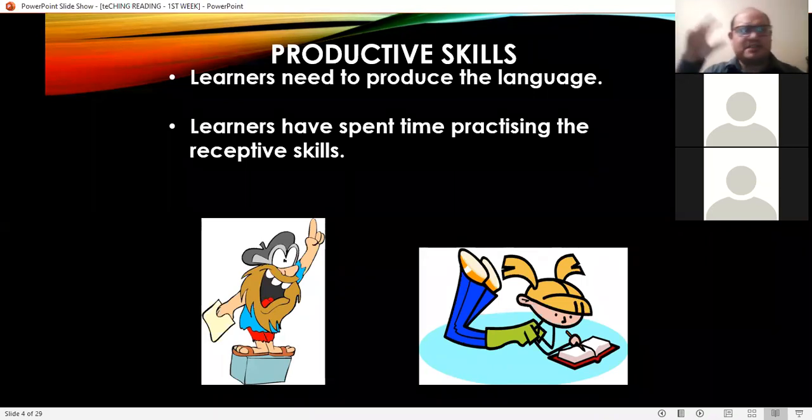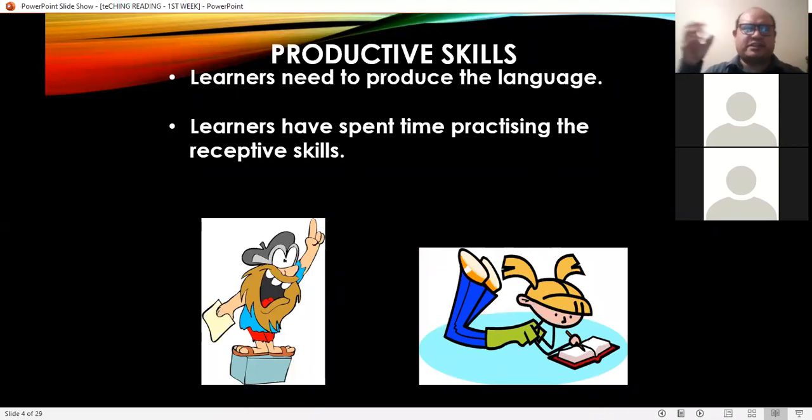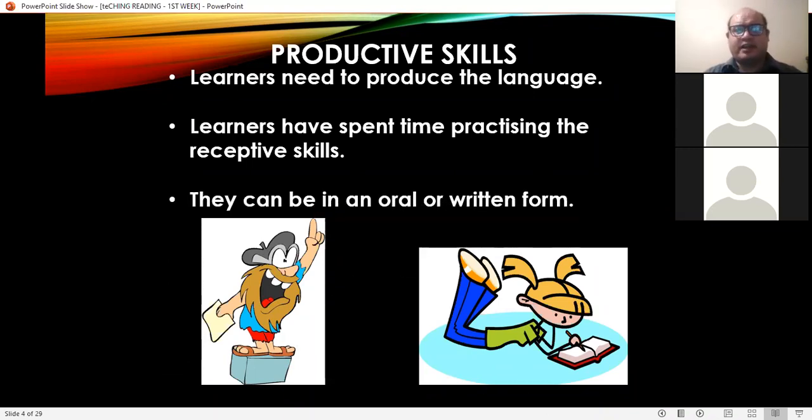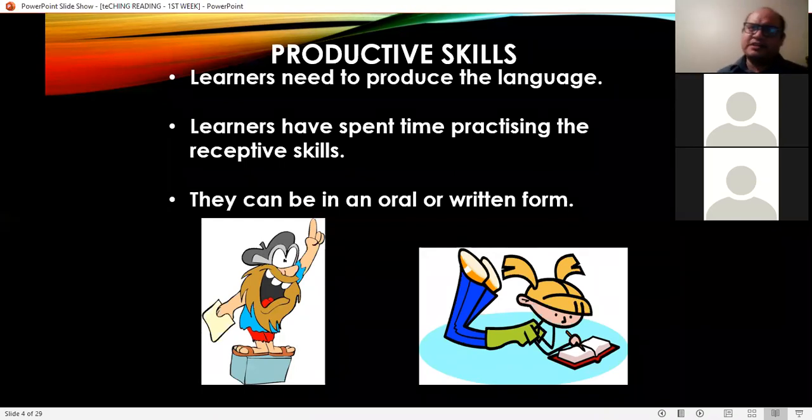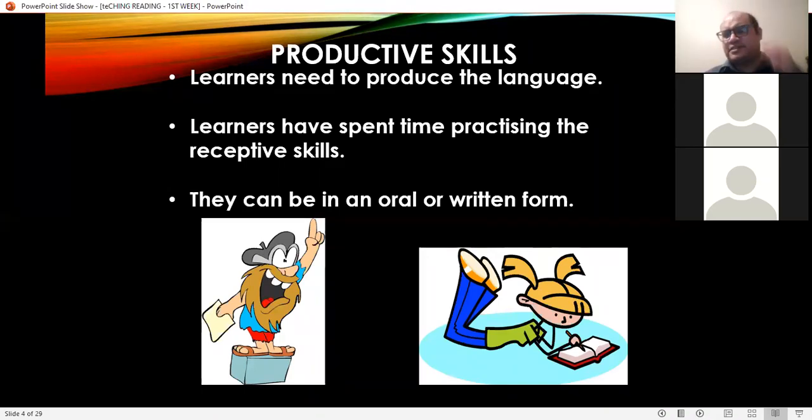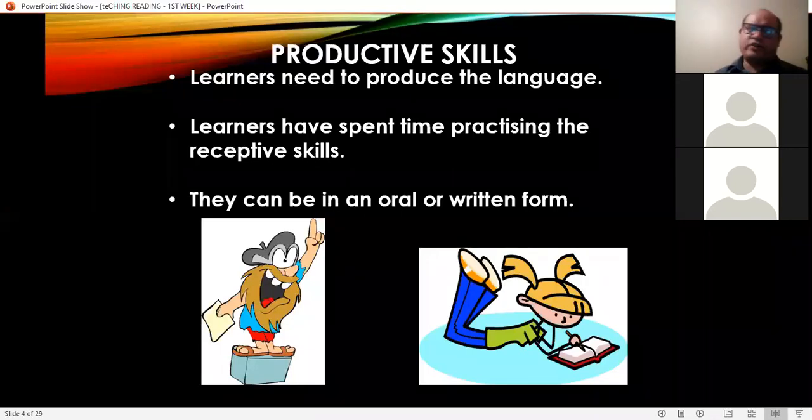Listening mostly, no? Sometimes reading, but I think most of the time it's just listening. You start listening to other people speaking, and then you start to produce, all right? And finally, as I told you, these productive skills can be in an oral or written form, when you speak or when you write, okay?